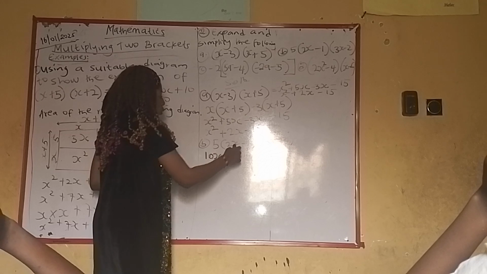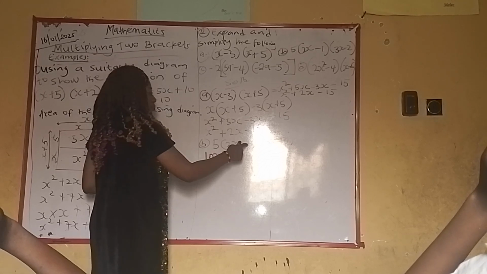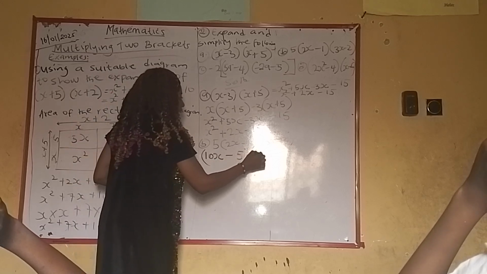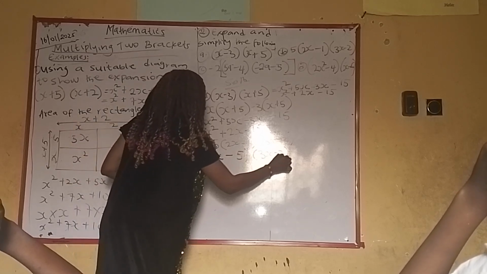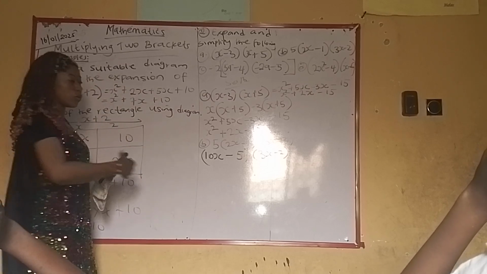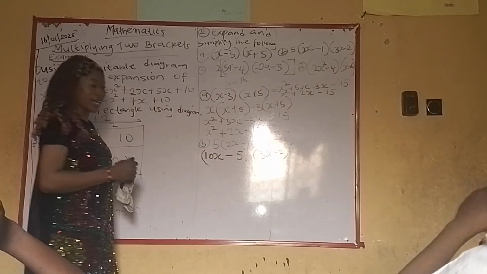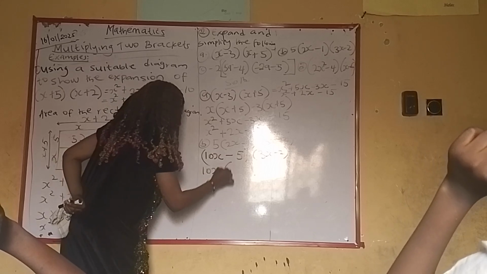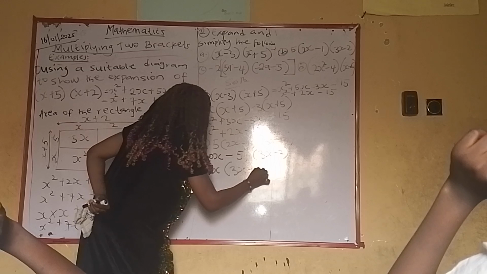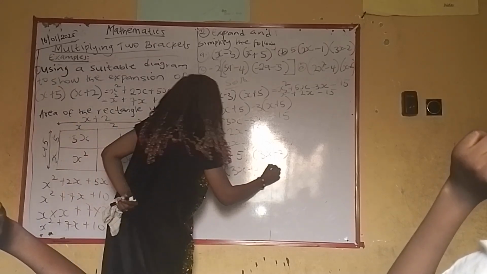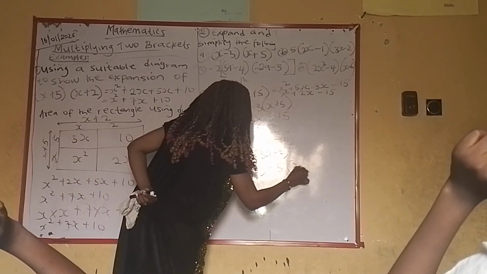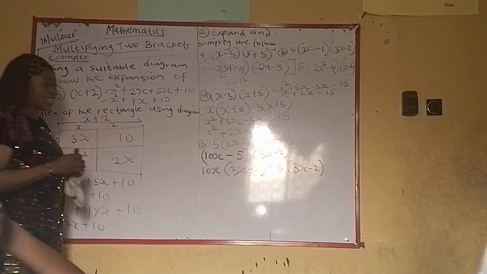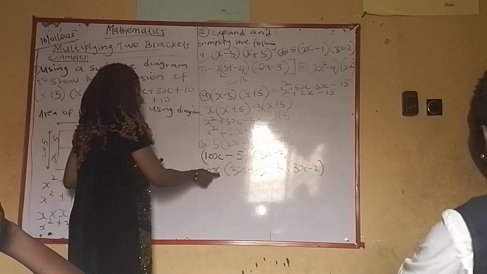Plus times minus is what? Minus. 5 times 1, 5. So this is now this bracket, then 3x minus 2. Like we said, we are going to share this first bracket. So what do we have? 10x bracket 3x minus 2, minus 5 bracket 3x minus 2. Is that clear? Okay, so let's move on.